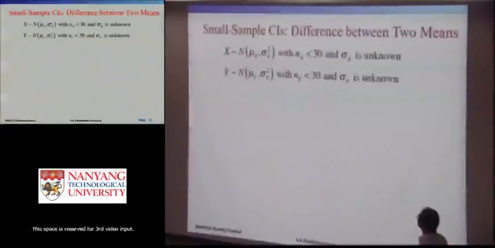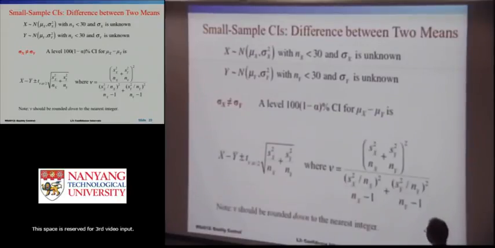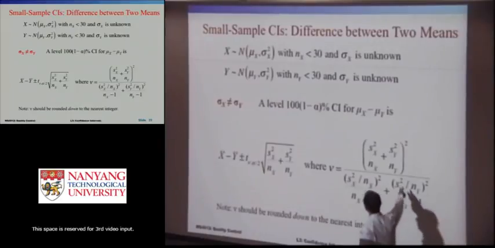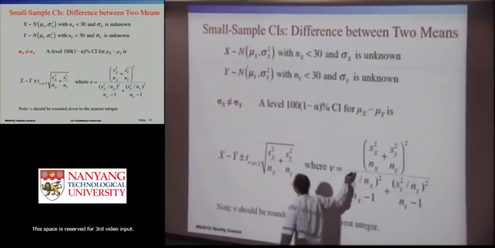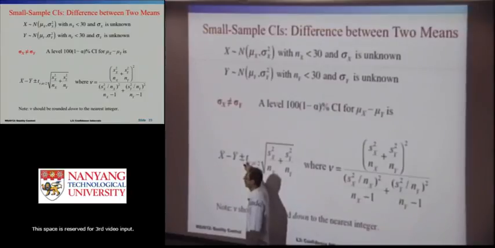Then we can extend it to the difference between two populations. One case is where the two populations have different standard deviations, sigma x and sigma y. Then we get this set of formulas, and this is the degree of freedom. You can calculate based on that, then look at the t table. Do remember to find the right line to get the degree of freedom.